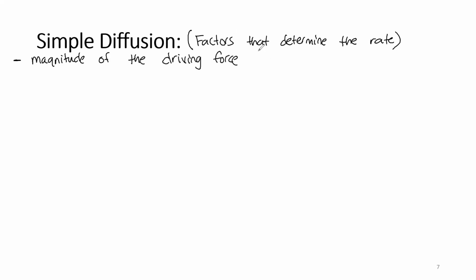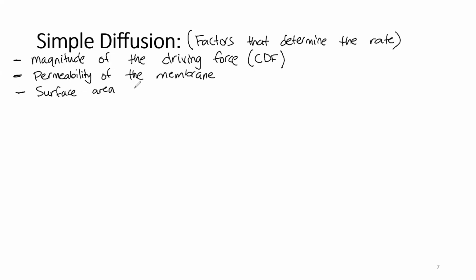And just to really clarify and specify here, this is the chemical driving force, right? Based upon the different concentration gradient of that particle. Okay. The second factor is the permeability of the membrane. And then the third factor is the surface area available for transport.